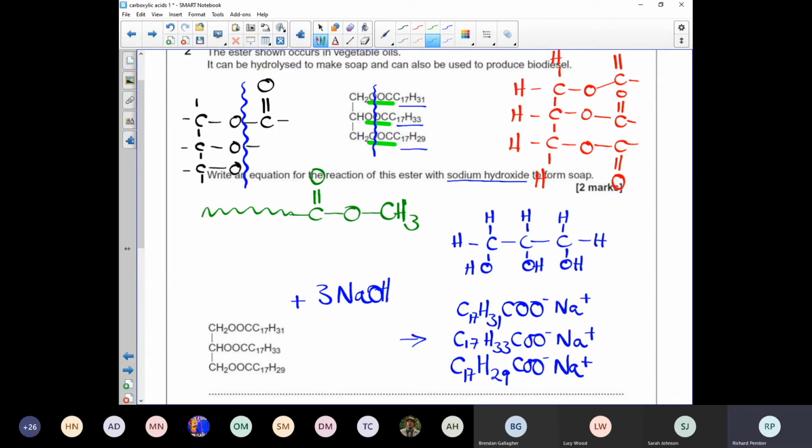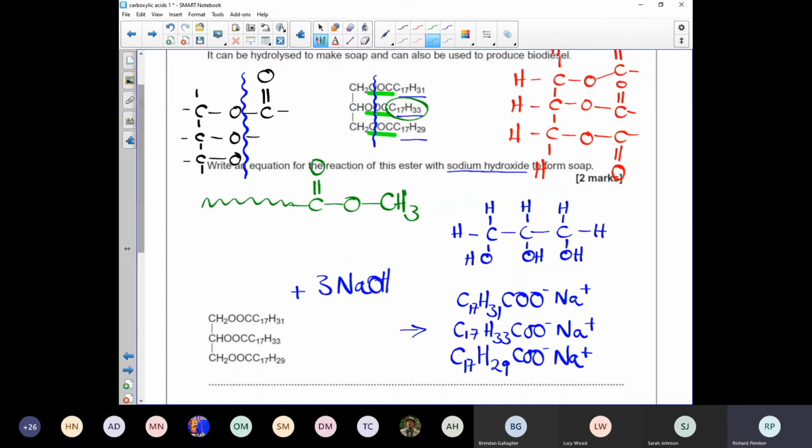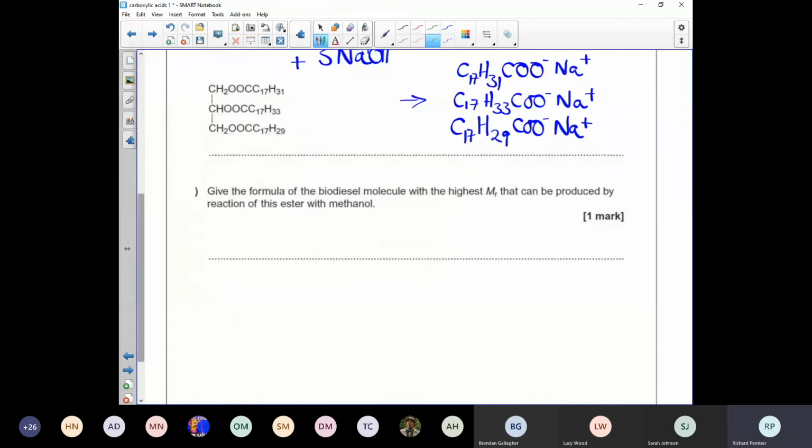And now I just need to pick the carbon chain which would give me the greatest MR. And I can see that the one with 33 hydrogens, so the one with fewest double bonds, will work. So I want to have C17H33COO, and then I've got my methyl group on the end.